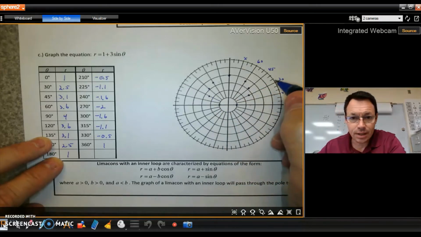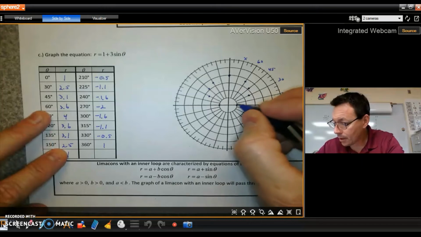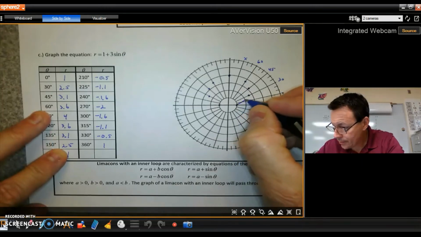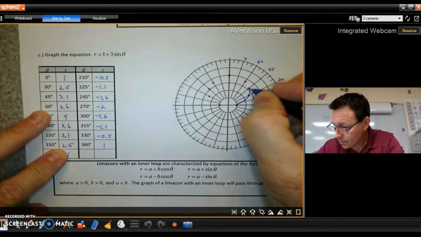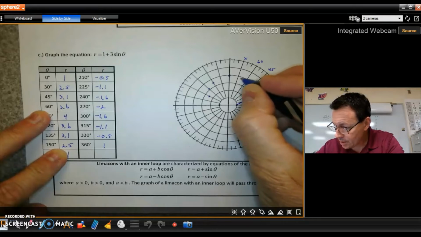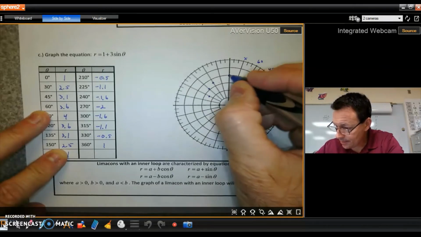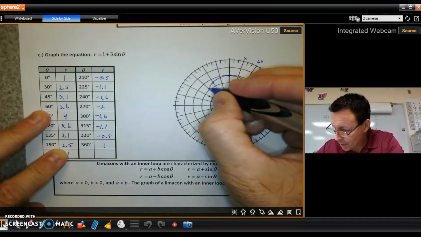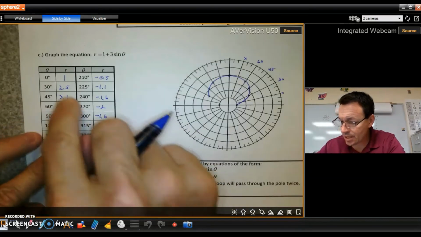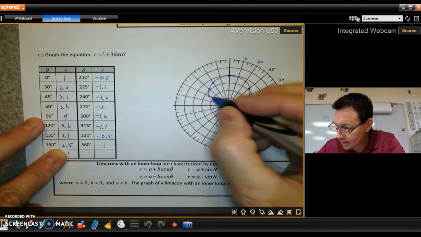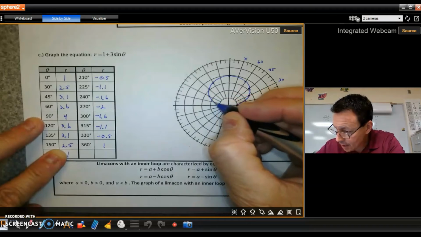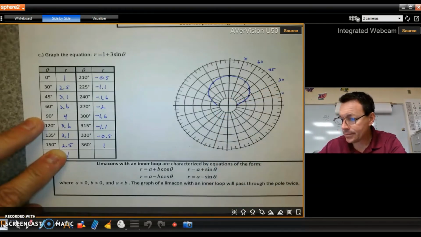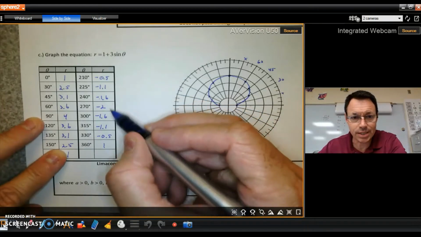Now, if I did that faster than you, don't worry about it. I've graphed a few of these in my time. And if you want to stop at 90 and then connect the dots, I did the first half. All right, so here's where things are going to get interesting, because this is where we start getting these negative values.